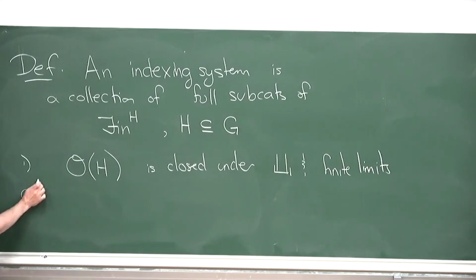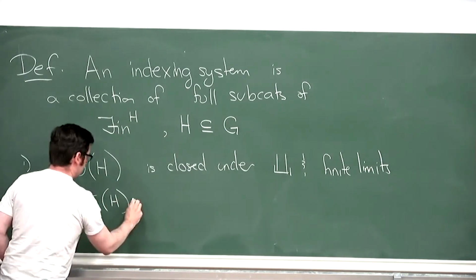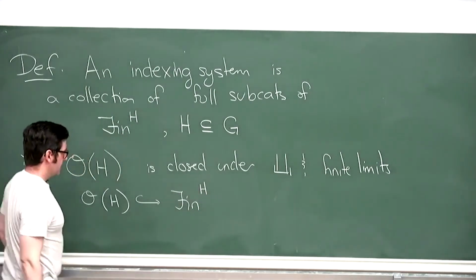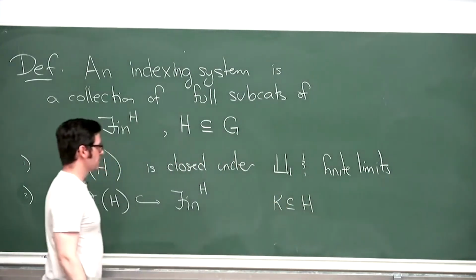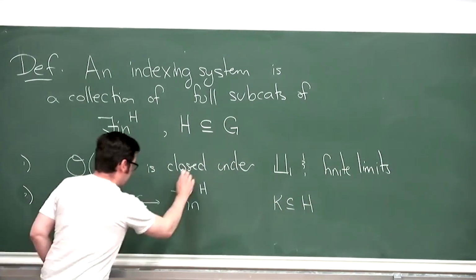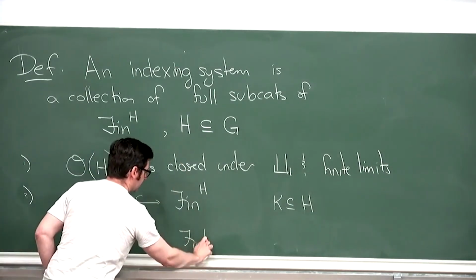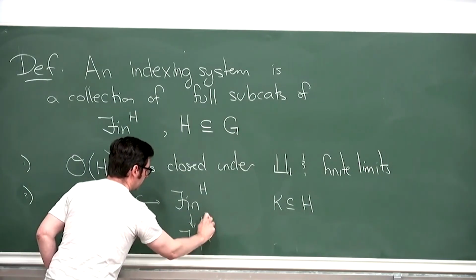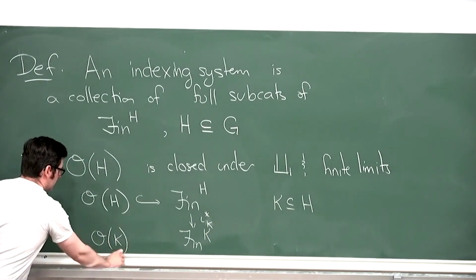Second, O of H sits inside Fin H. And if K is subconjugate to H, then I have a restriction that takes me from finite H-sets down to finite K-sets, the upper star of K. And O of K sits inside here.